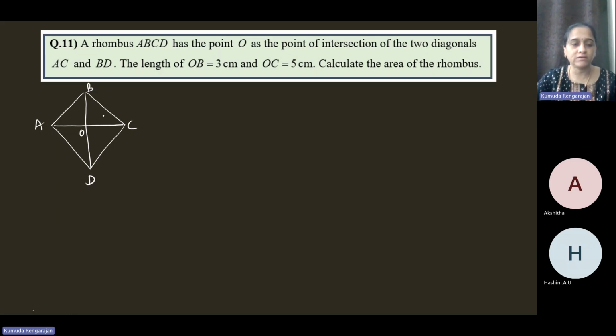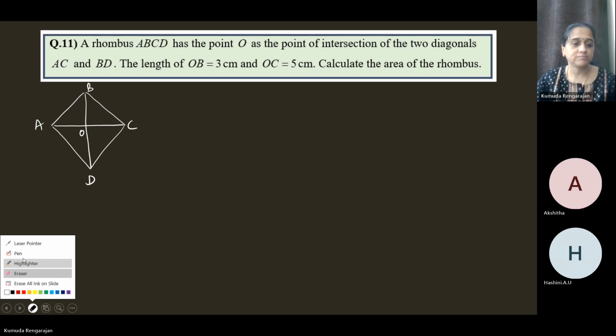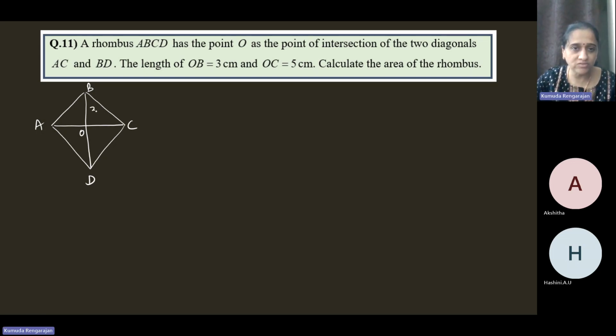Okay, so OB, yeah, you were right, Navneet. OB is 3 centimeters, so OD is also 3. OC is 5, so OA is also 5, correct?